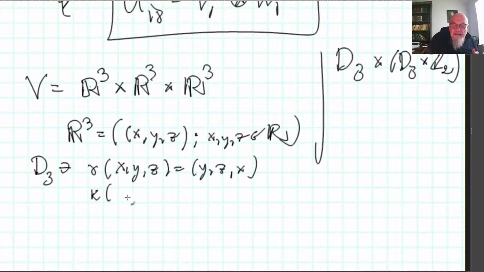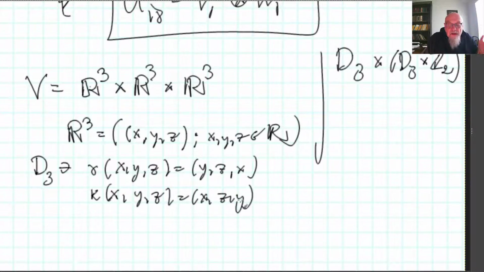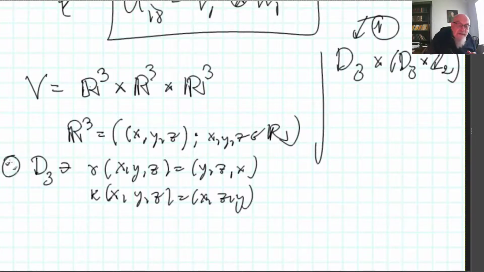And the kappa will act similarly. Maybe leave x alone and switch y and z, so this will be x, z, and y. So I have the first action, this is this copy, number 1, number R.